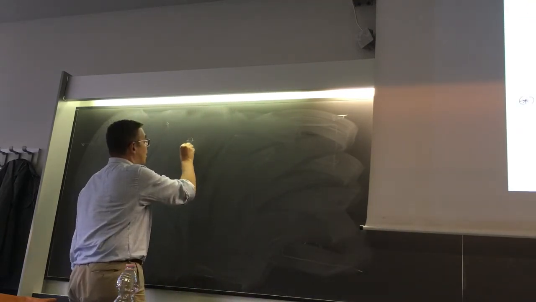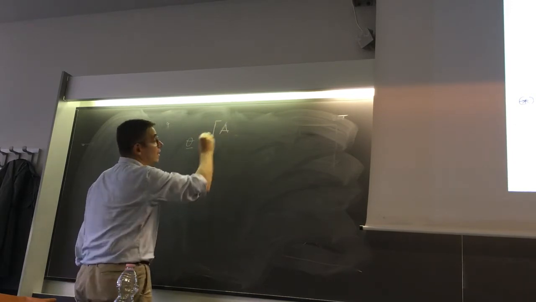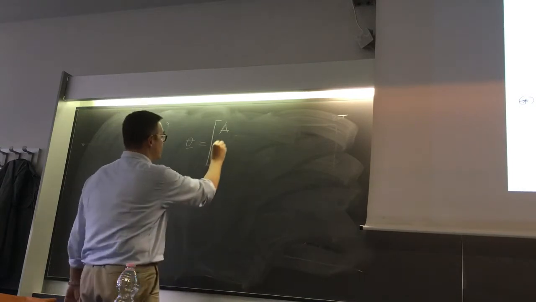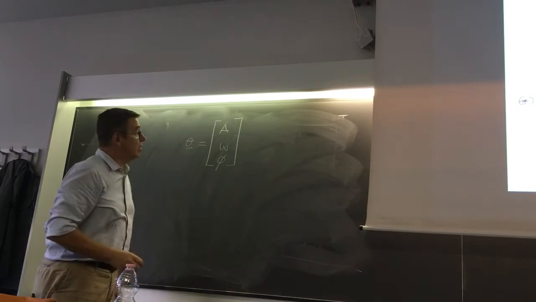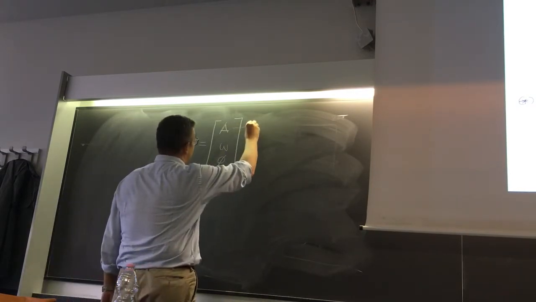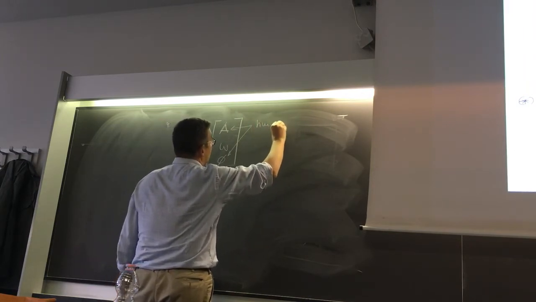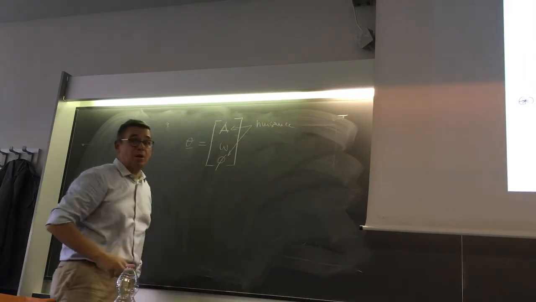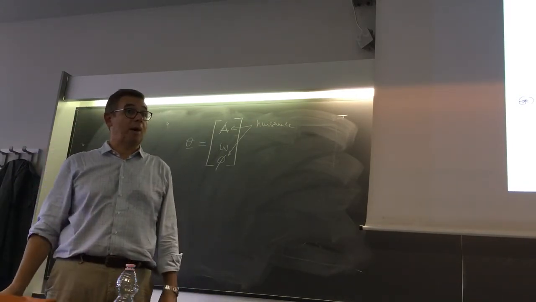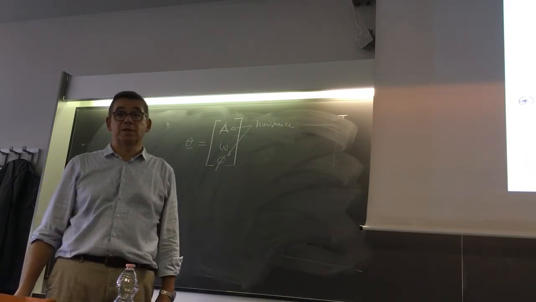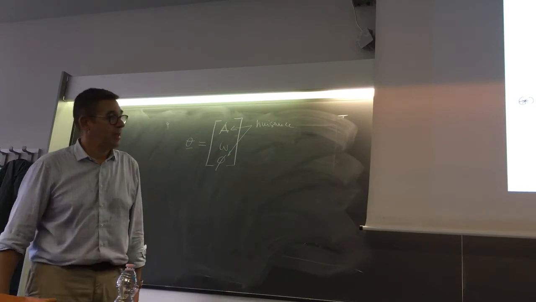My set of parameters here are amplitude, frequency, phase. Technically, amplitude and phase are nuisance parameters, because I'm only interested in the frequency. This is my crucial parameter, the frequency. So phase and amplitude are nuisance parameters.